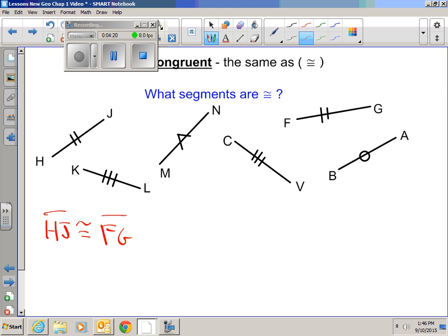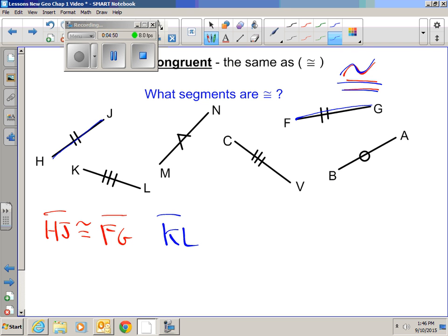Notice that they have the same tick marks, and congruent is the geometric word for equals, because that part of the symbol means same size, and this part of the symbol means same shape. So congruent means same shape and same size. These two segments, HJ and FG, both have the same shape and size.